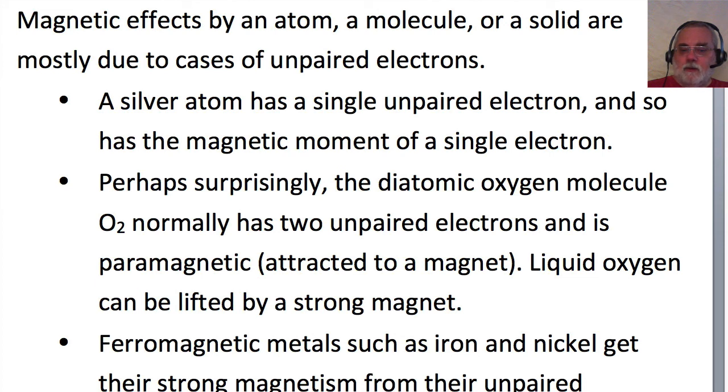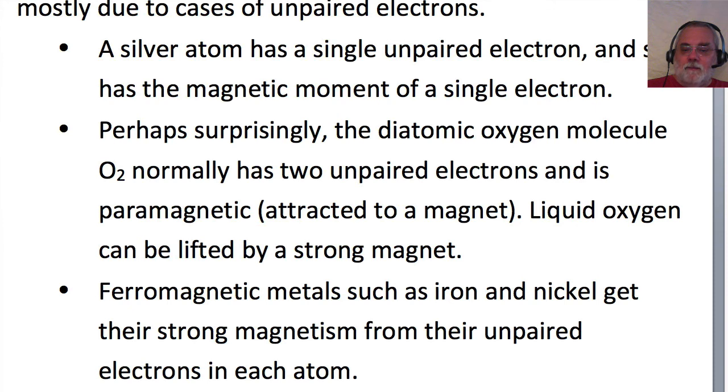It's attracted to a magnet. Liquid oxygen can be lifted by a strong magnet. Ferromagnetic metals such as iron and nickel get their strong magnetism from a few unpaired electrons in each atom.